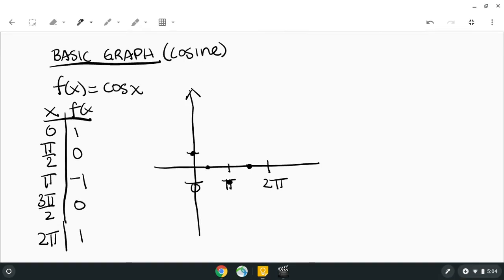So we have a point there. Pi over 2, 0. So there's our second point. Pi, -1. It's going to be right on the pi. Okay. 3 pi over 2, 0. And then 2 pi, 1.